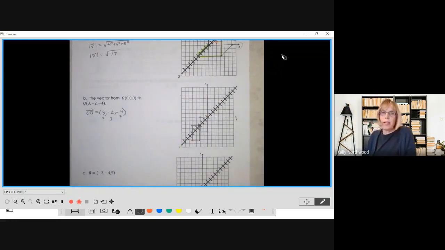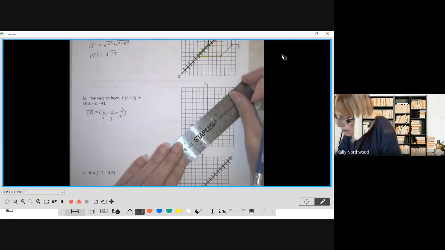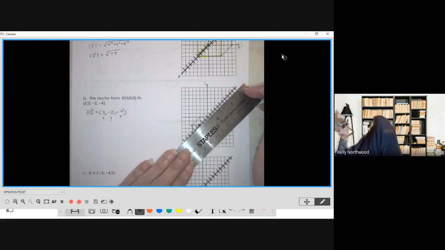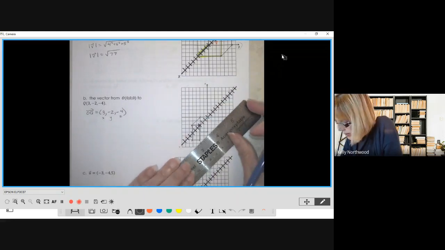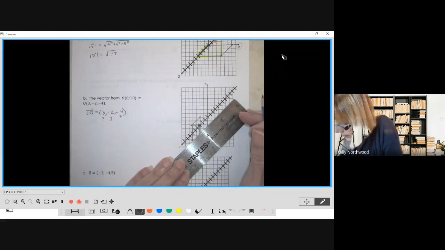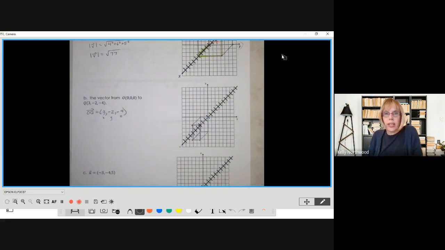And then once you've got the front and back of your box drawn, then you're going to join corner to corner. One's always going to be along the x-axis. And then you'll have your box drawn. So that should look like it's in 3 dimensions.